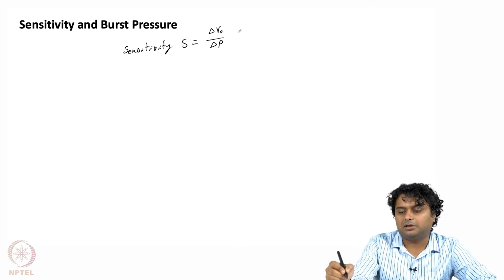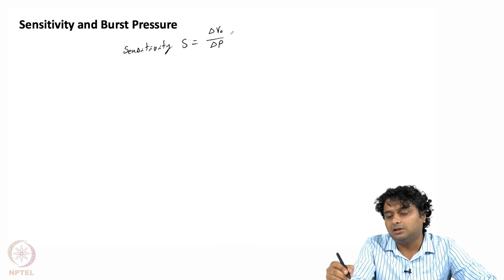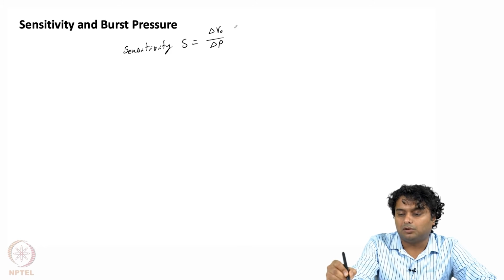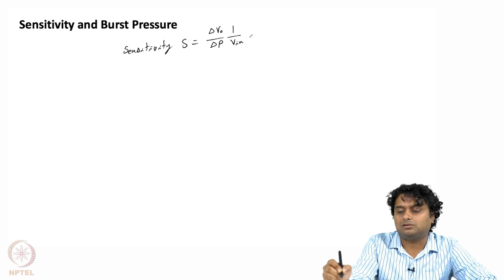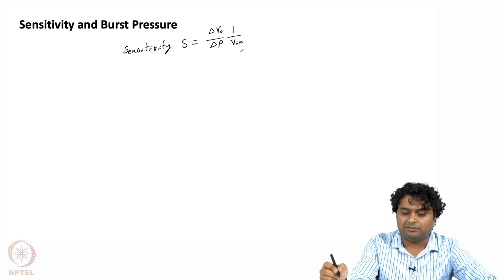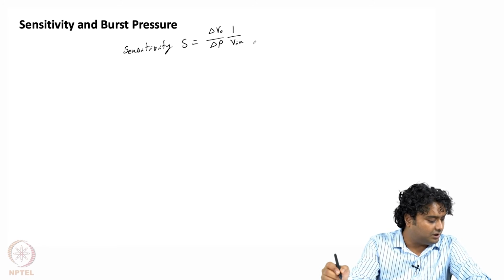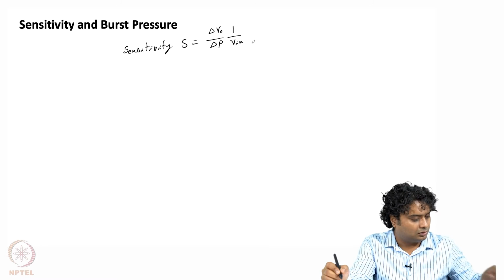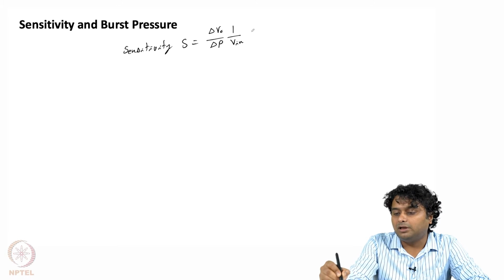Technically it should be the sensitivity, that how much the output voltage changes per unit change of delta P, but here V in will be in the term also, because if we change the V in, then also we can get higher V0, like if we increase the V in, then we can get higher V0. So, this is sensitivity per unit input voltage.